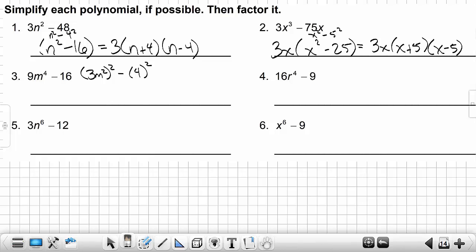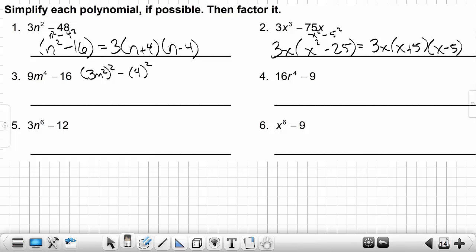Right? No. Once I factored this x out, then inside the parentheses is a difference of 2 squares. Because the 16 doesn't have an m to give up. Good questions. You're fine.